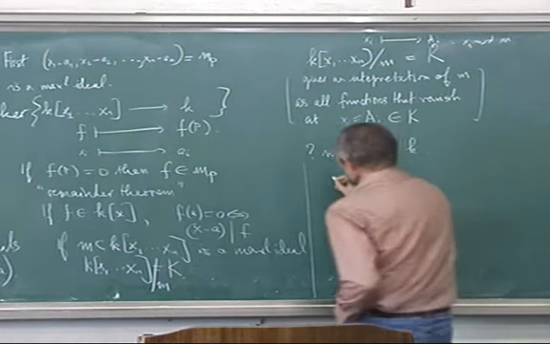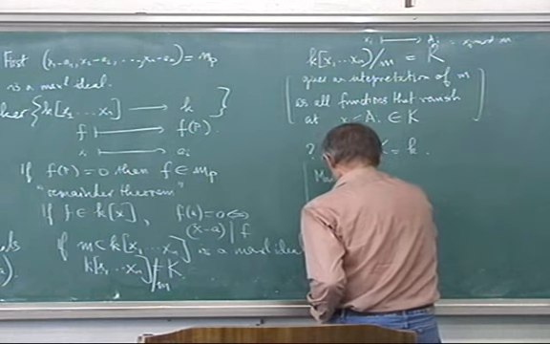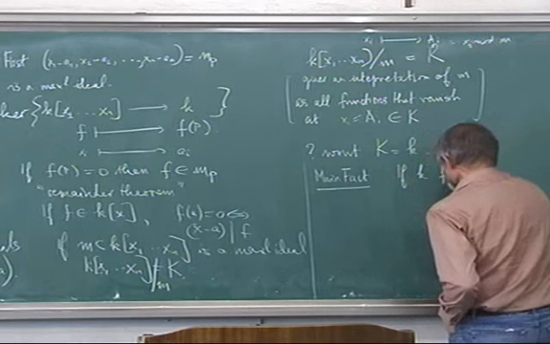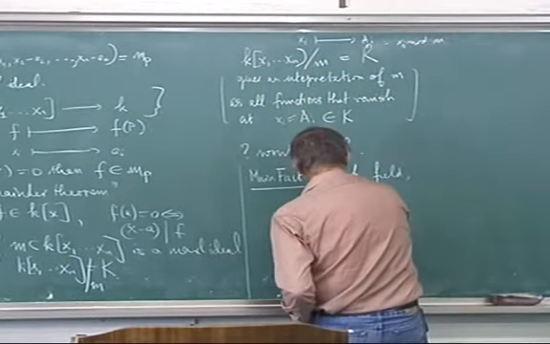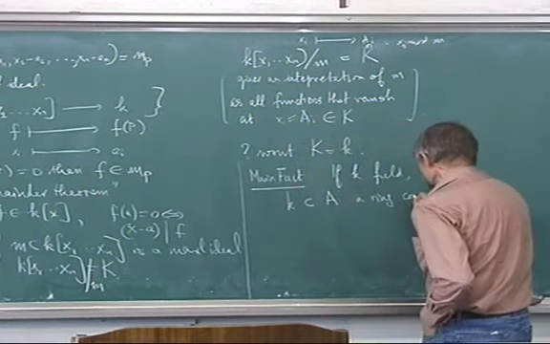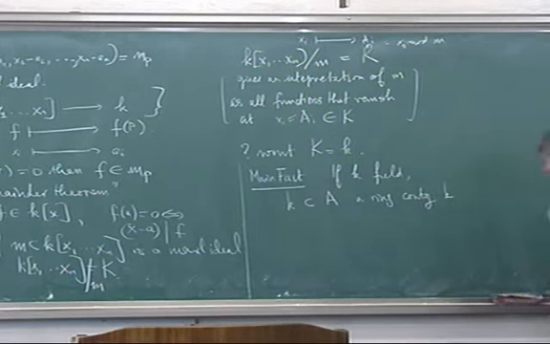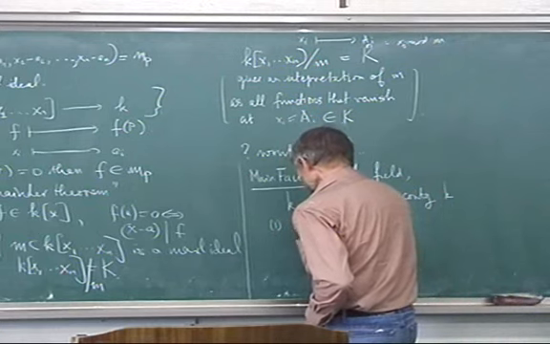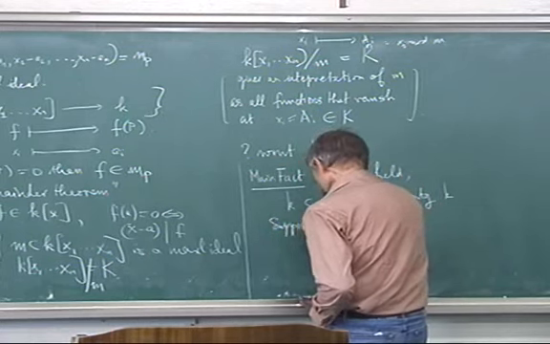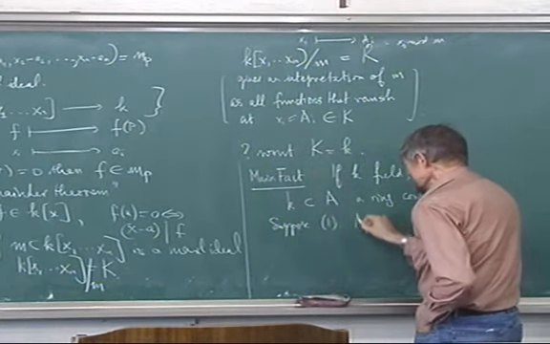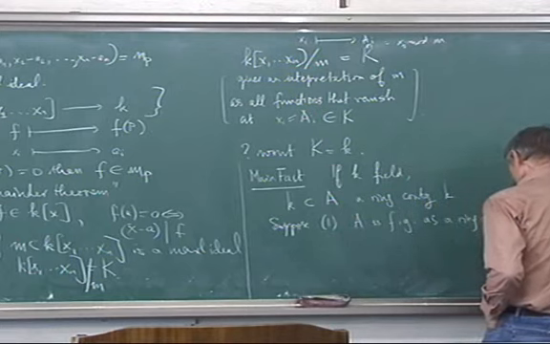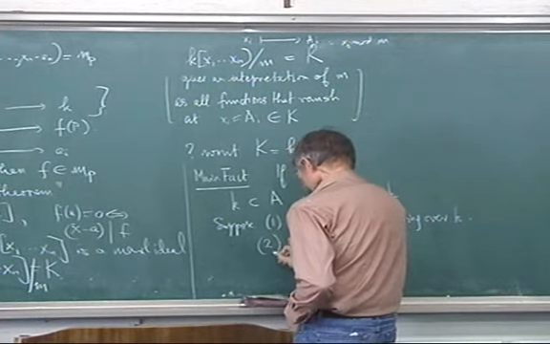So the main fact here, which I'm going to prove over a little time, is this: suppose K is a field and A is a ring containing K. Suppose I put in two conditions: that A is finitely generated as a ring over K, and also that A is a field.